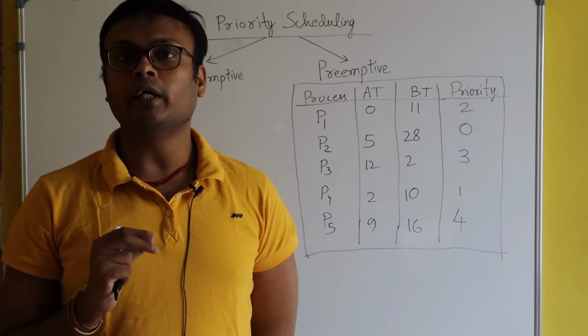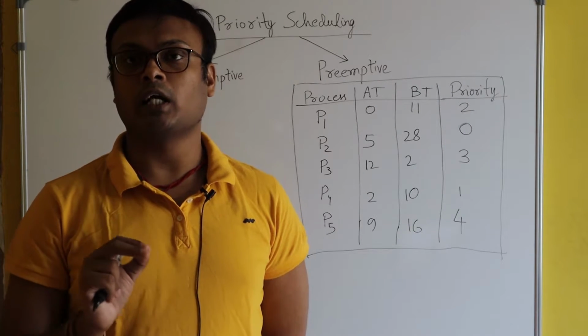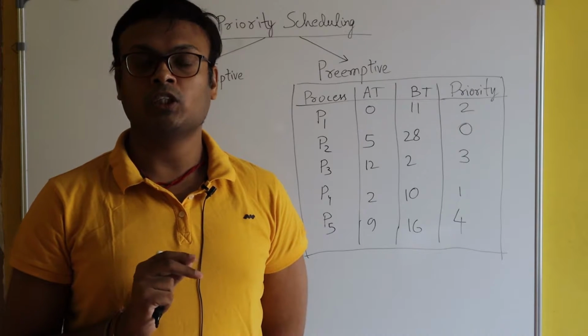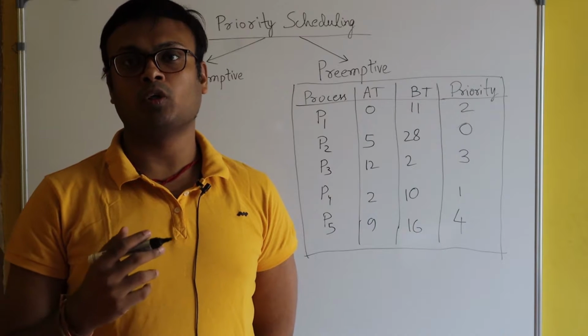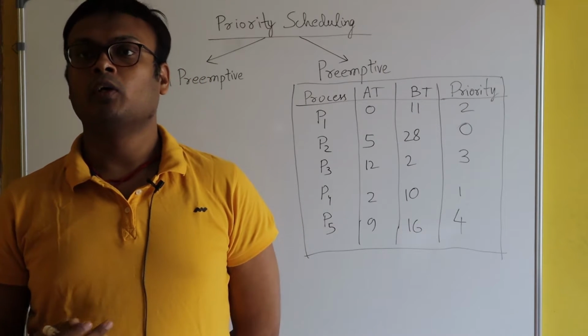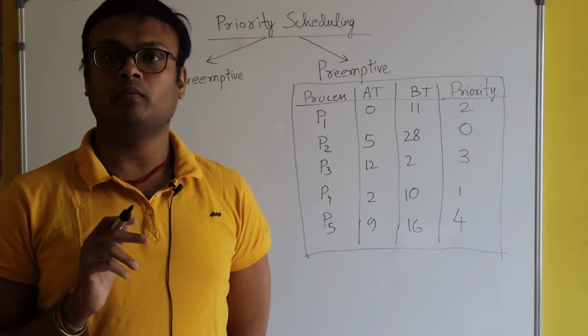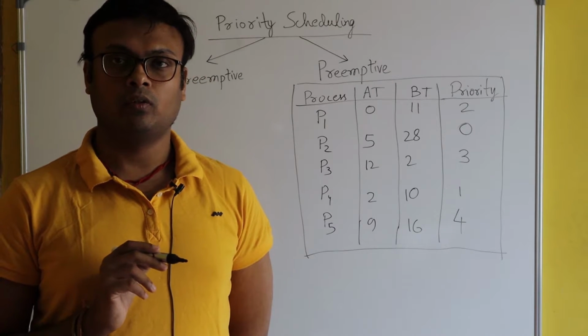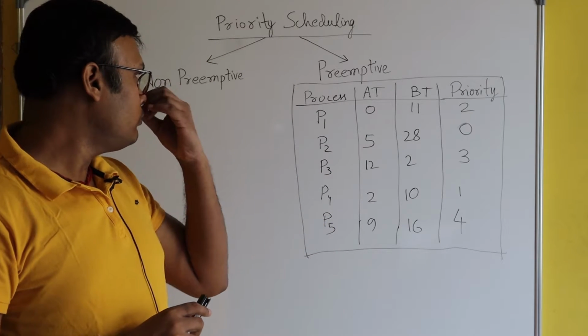So carefully read the question, read it one by one and after that start solving. Don't blindly take the assumption that the process with lower priority number has higher priority. Everything will be there in the question. So now let's solve this question.